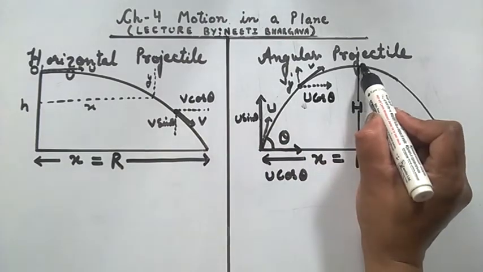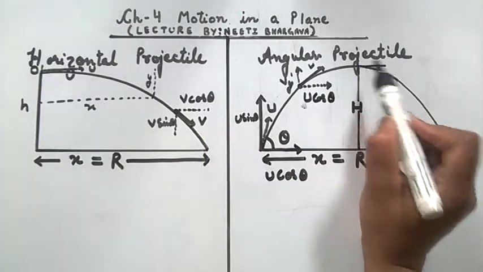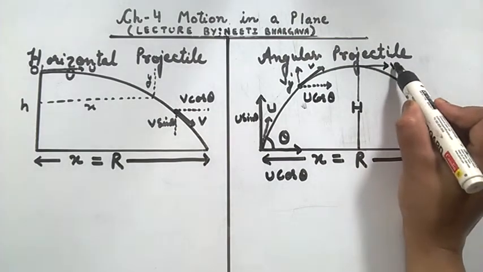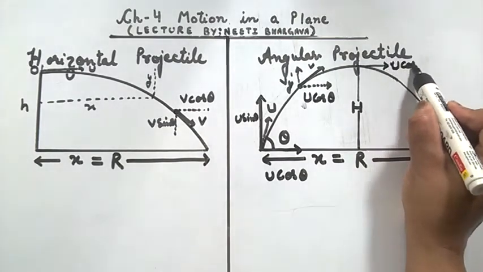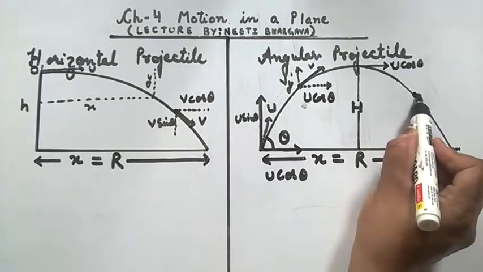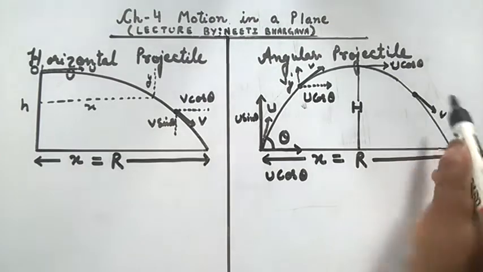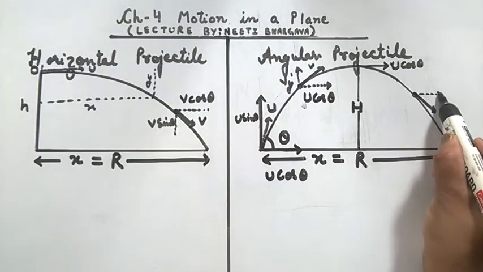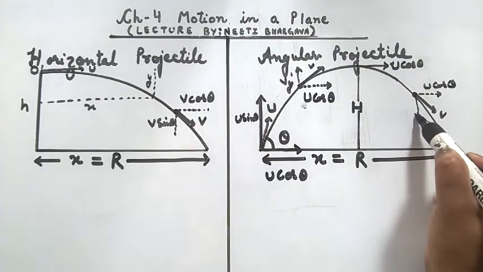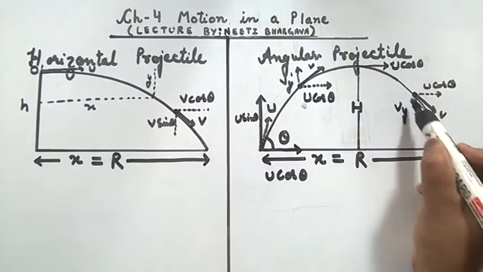At this position vy is 0 and only the component u cos theta remains. At another position, the horizontal component is u cos theta, and the vertical component is again different, it can be vy double dash.